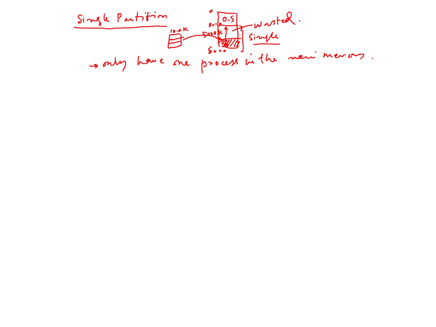The remaining memory is wasted: here we have 5000 K, and 1000 is utilized, but 4000 is wasted.